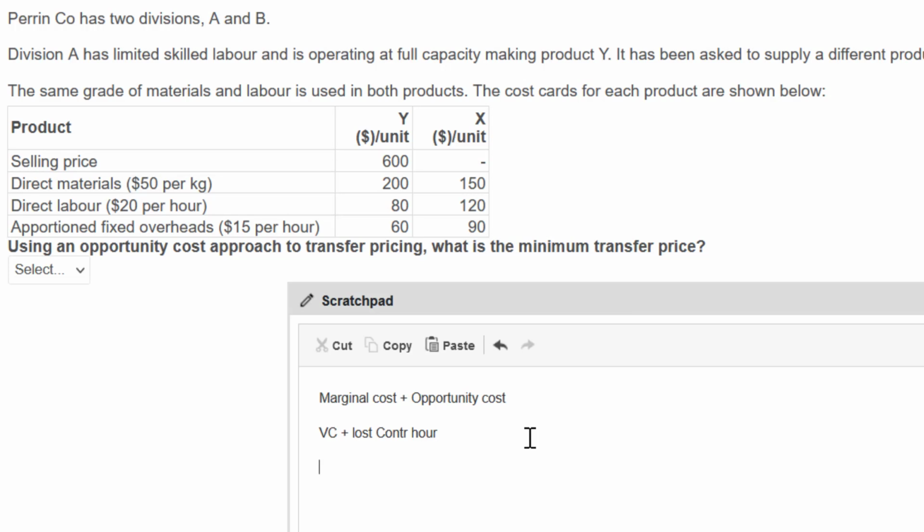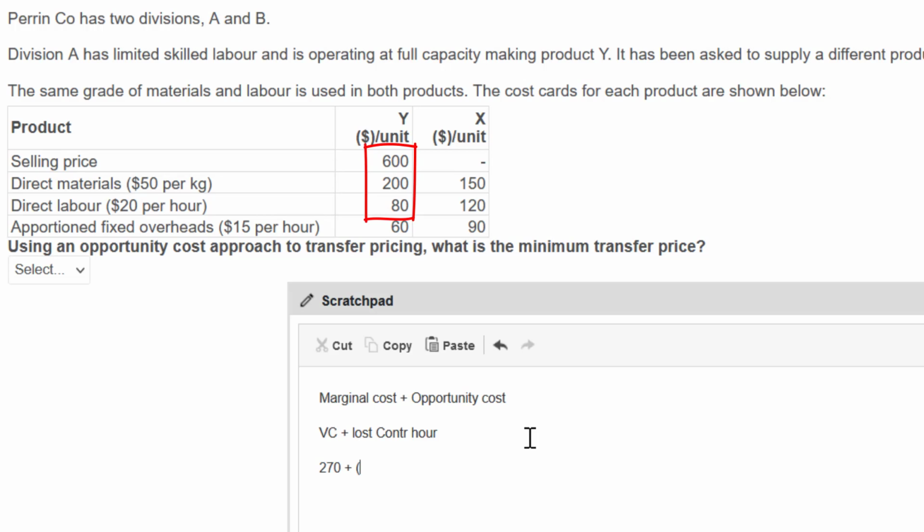So the variable cost of making an X, that's easy, that's mental math. That's 270. Okay. And let's get the contribution of making a Y. And that's going to be 600 minus 200 minus 80. That's the selling price minus the variable cost.